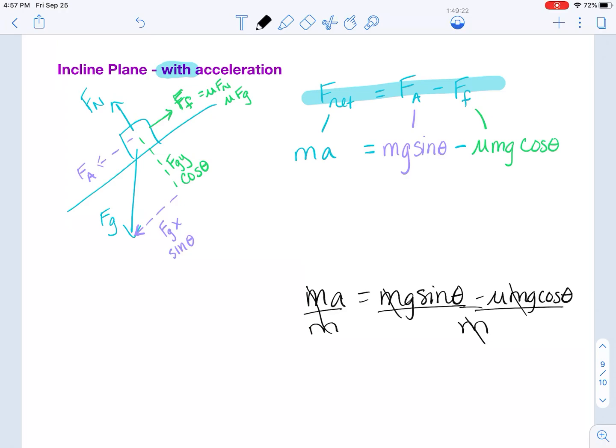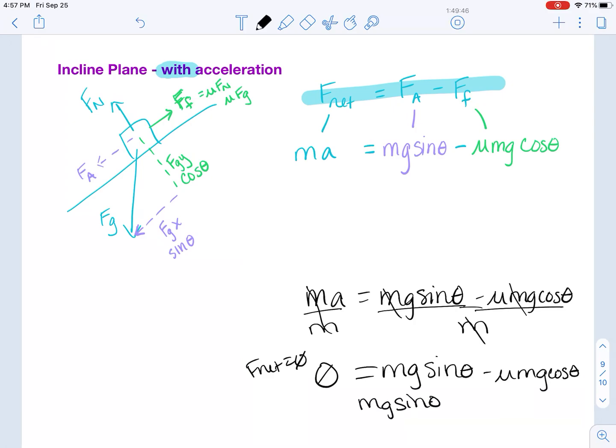Now, once again, this is only if the formula that you are using does have mass present in every place. So if we were doing a problem where the net force was 0, so my object is not accelerating, this becomes our working equation.